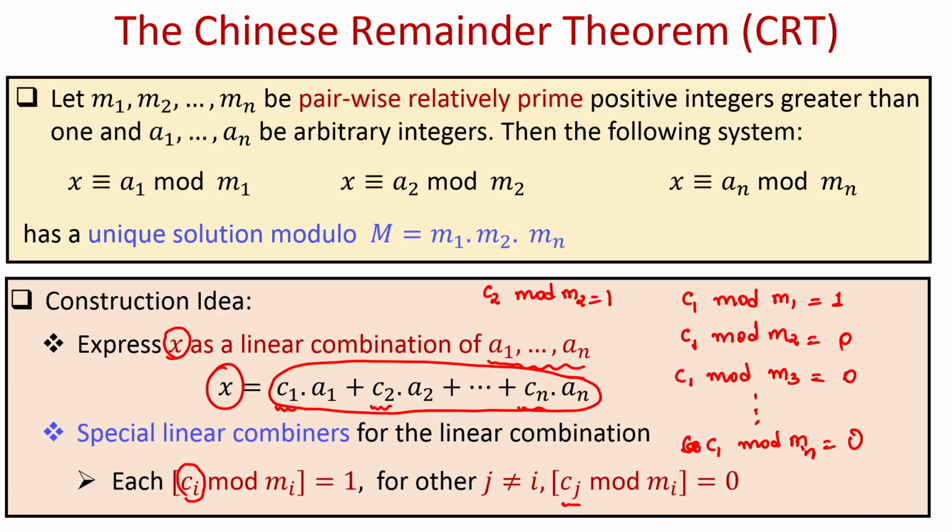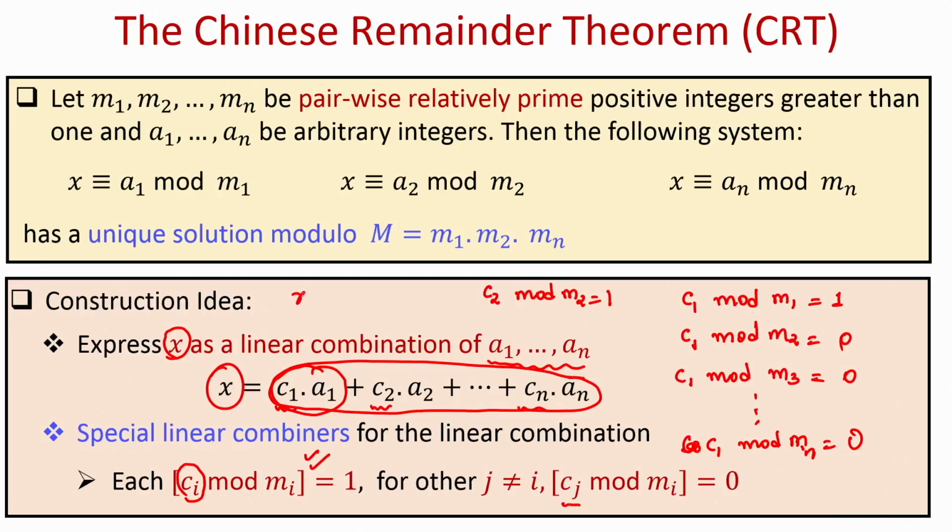Then if I take this right-hand side and compute it modulo m 1, it will be the same as a 1 modulo m 1, because for all other summands I will get C 2 modulo m 1, C 3 modulo m 1, C n modulo m 1, and their effect will be 0. It will be only C 1 times a 1 modulo m 1, and C 1 modulo m 1 is 1, because that is the property of my linear combiner. Hence this value of x modulo m 1 will indeed be a 1.